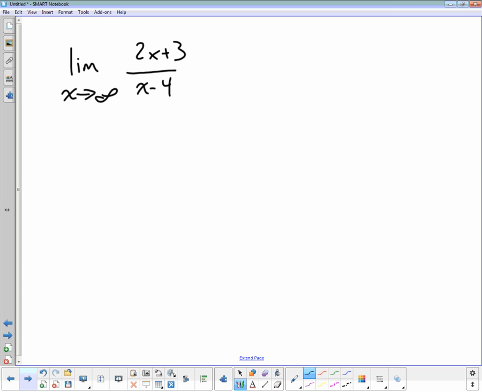How would you use that same tool here? Over 1 over x, right, exactly. Because you've got to multiply by 1 now. You got it? Okay.